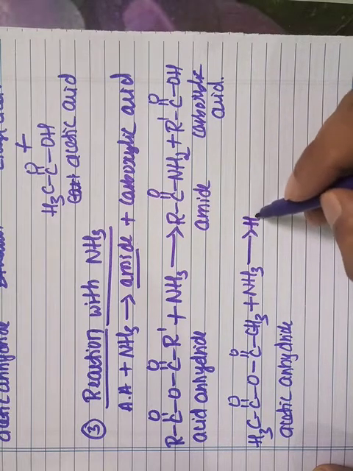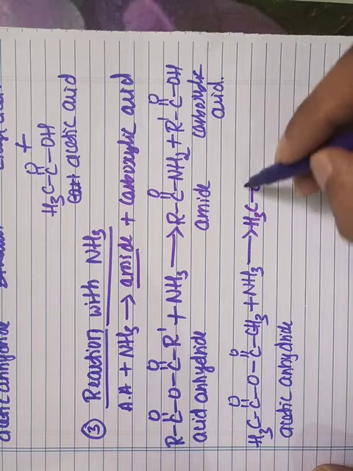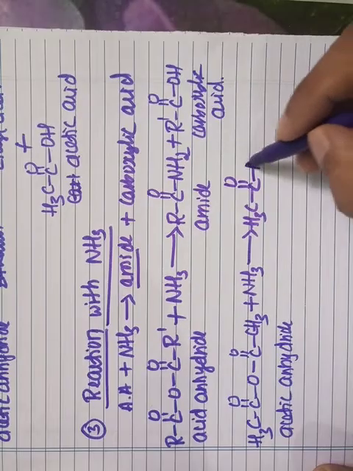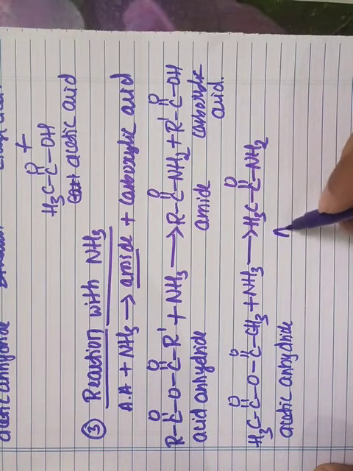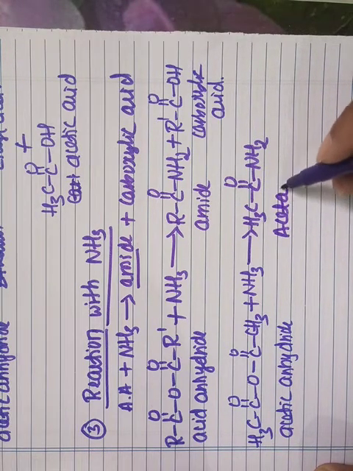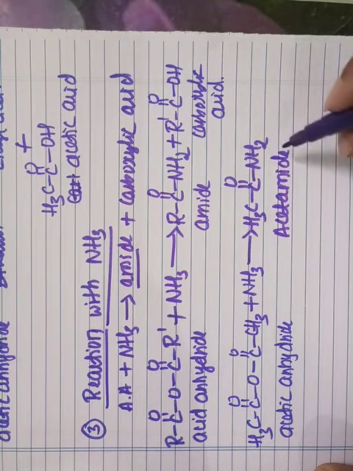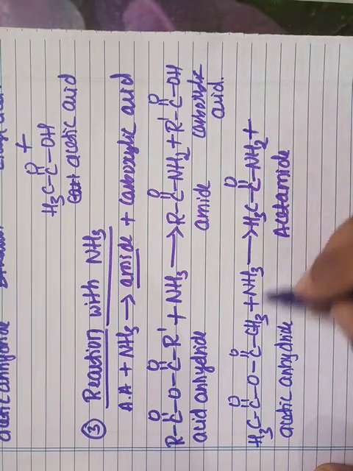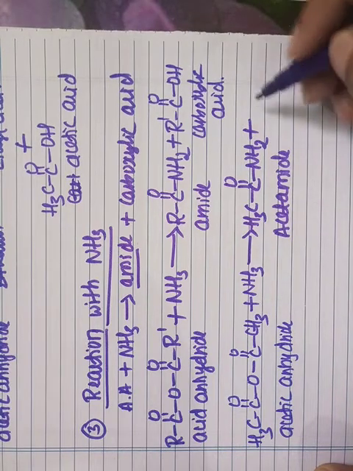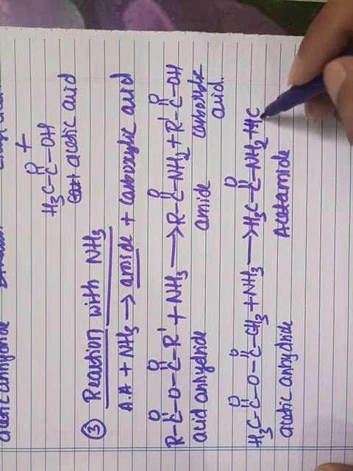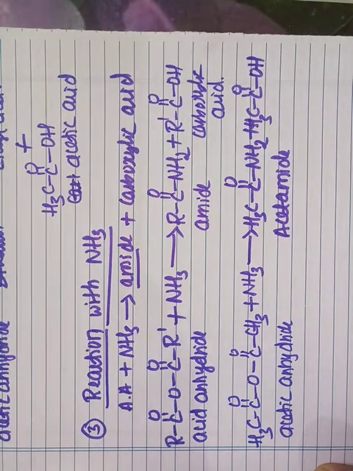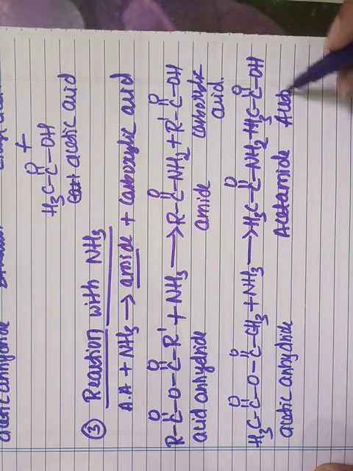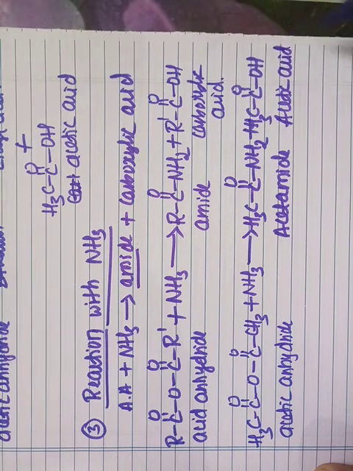That is CH3CONH2. So this is the amide, acetamide. Okay, so when acetic anhydride is treated with ammonia, it forms acetamide, an amide, and also a carboxylic acid, that is acetic acid.